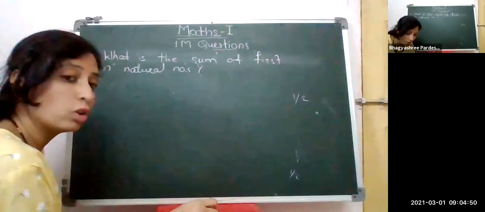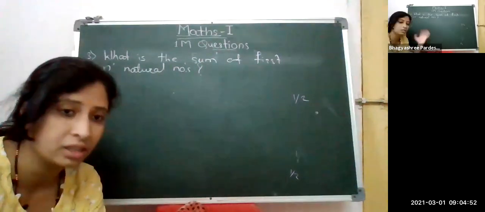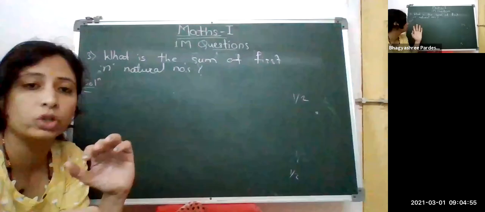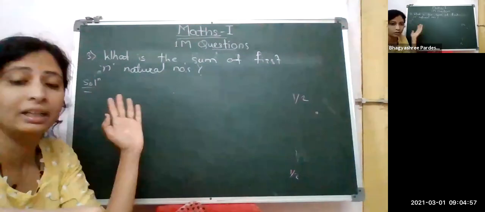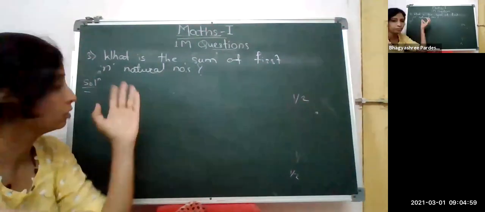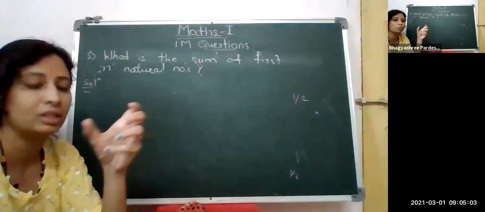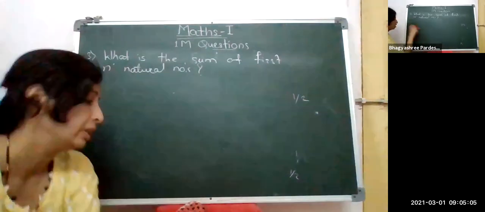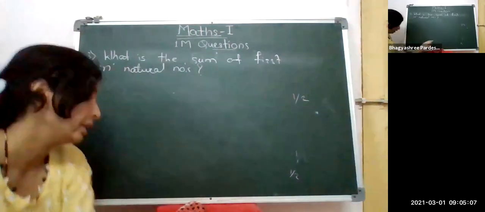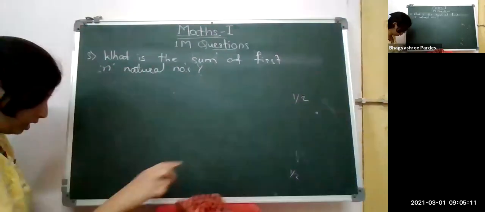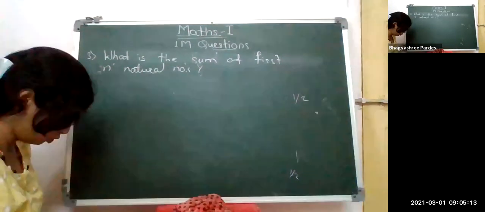Yes, this question was asked in one of your previous year question papers directly in the MCQ, meaning a few options were given to you and we have to choose from them. Let me write the options for you. I have told you that this is very, very important, so just keep this in mind.